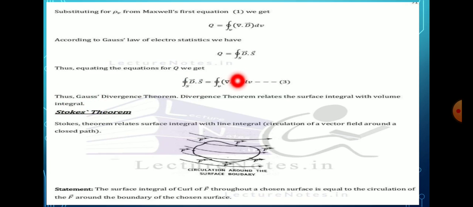In the Gauss divergence theorem, the first function is to convert the surface integral to a volume integral.